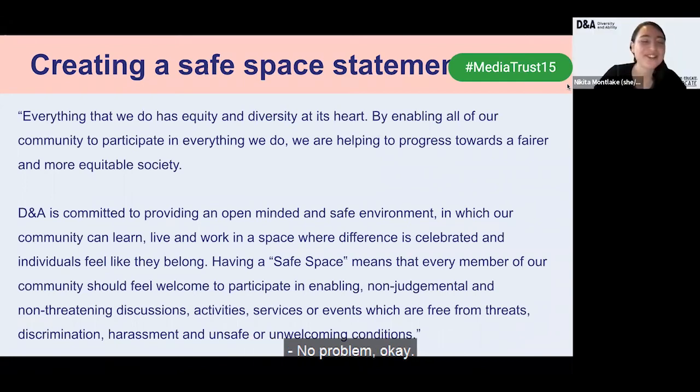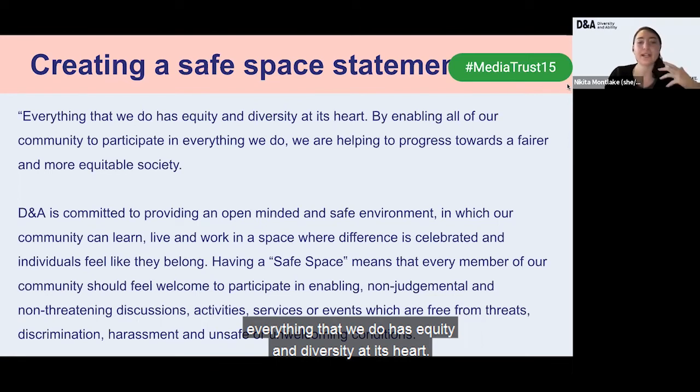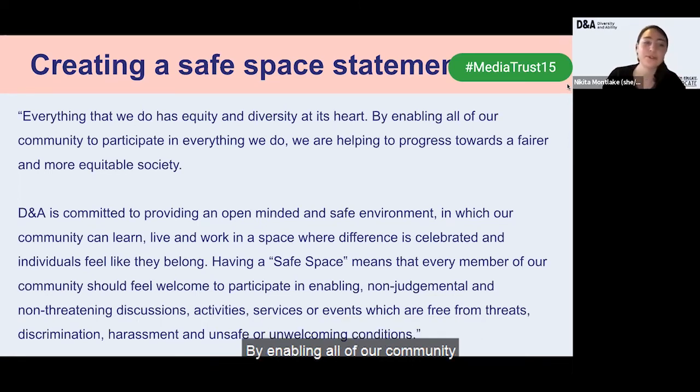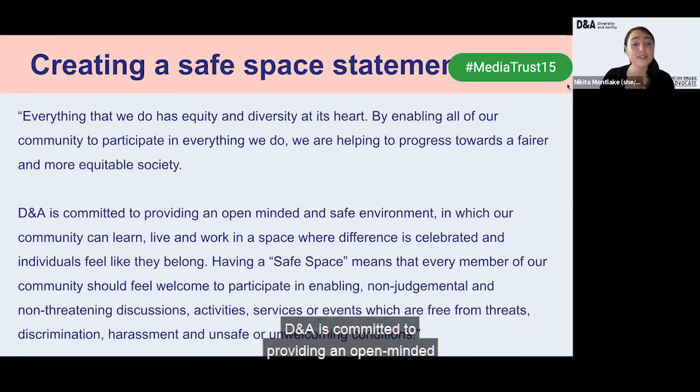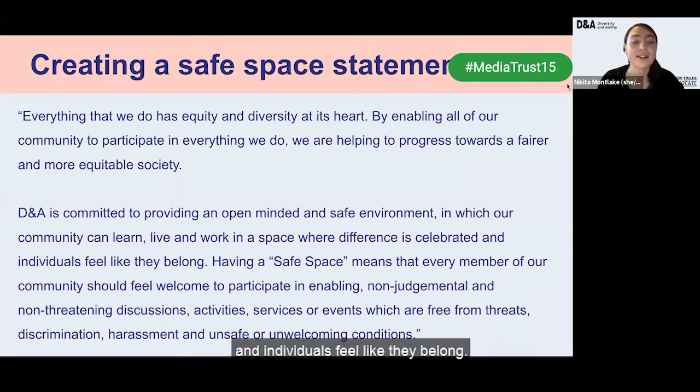No problem. Okay, so this is our safe space statement. Everything that we do has equity and diversity at its heart. By enabling all of our community to participate in everything we do, we are helping to progress towards a fairer and more equitable society. DNA is committed to providing an open-minded and safe environment in which our community can learn, live, and work in a space where difference is celebrated and individuals feel like they belong.